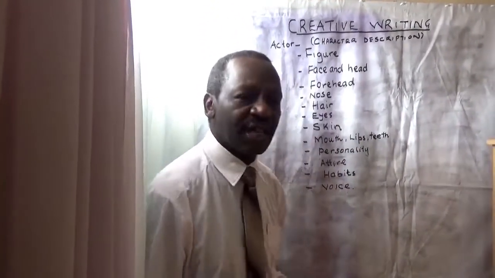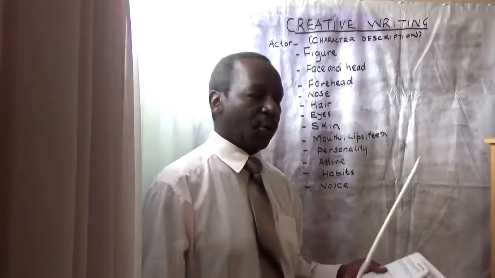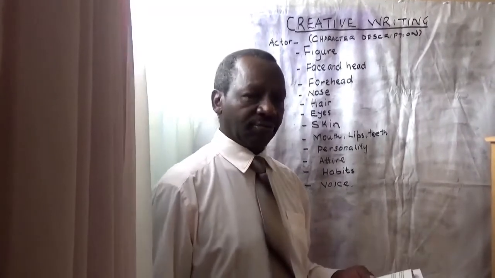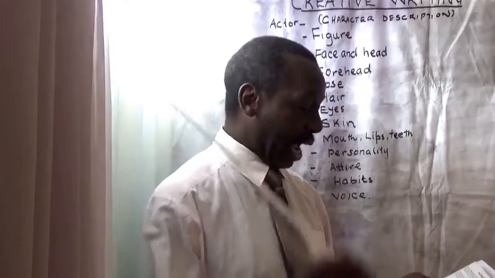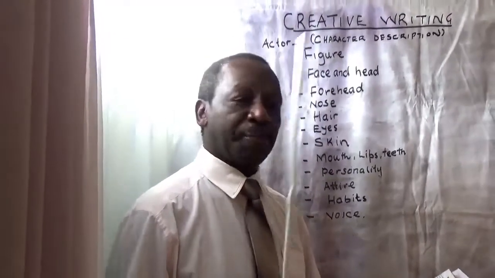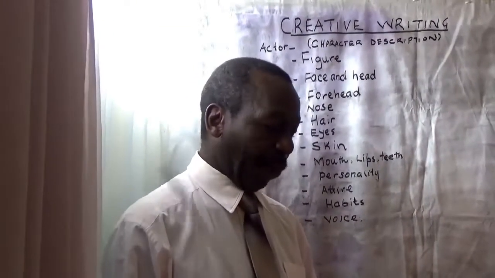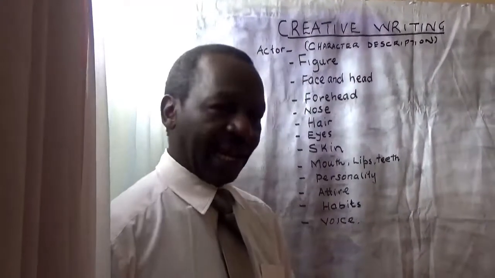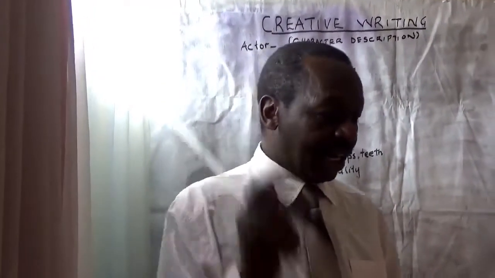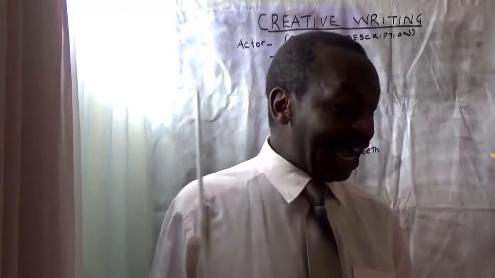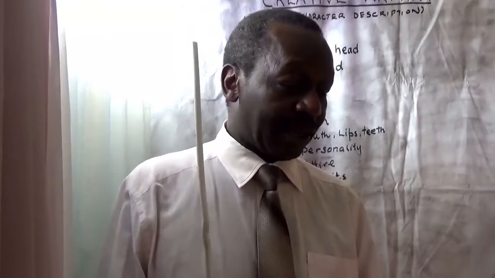Then there is the voice. How is the voice of the character? There are people who have a low voice. There are people with a high-pitched voice. There are people who speak quickly. There are people who have a sweet voice. People who are shrill, hoarse, deep, harsh, rasping, tenor, bass, melodious, husky, and all that.